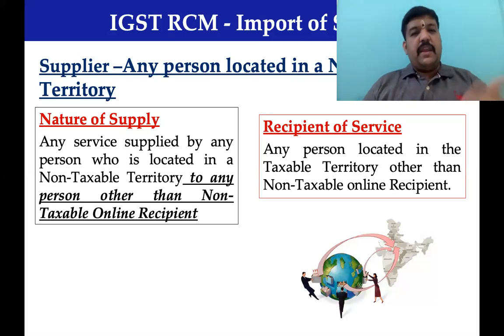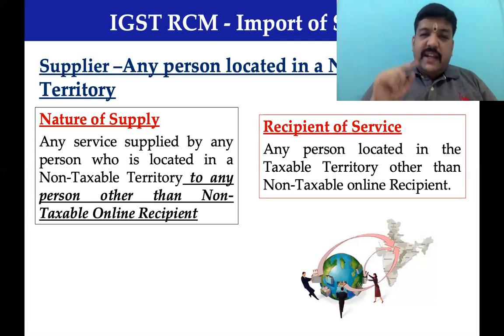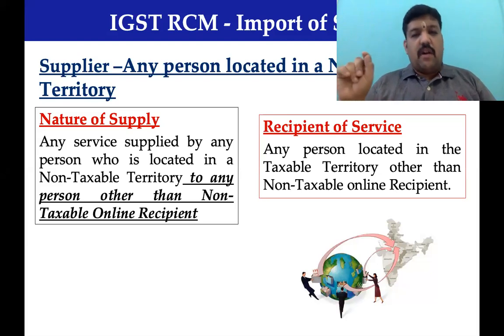Be that as it may, go back to the Article 269A discussion we made initially. Article 269A made the point very clear. Import of goods or import of services from another country shall be deemed a transaction in the course of interstate trade or commerce.